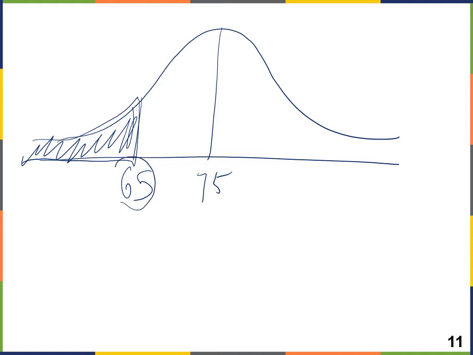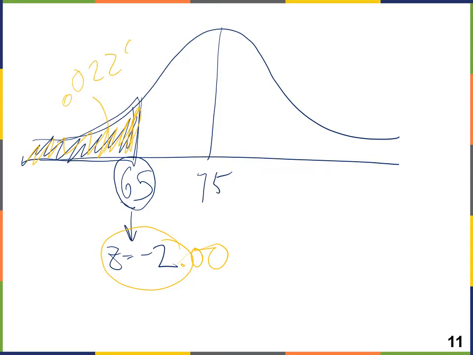If we convert this to a z-score, which we did, and we said the z-score for 65 was -2, that table we just used says that I can look up that -2.00 and find the area to the left by using the table. And it told me that area was 0.0228.